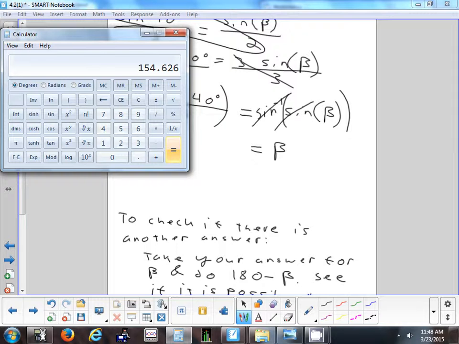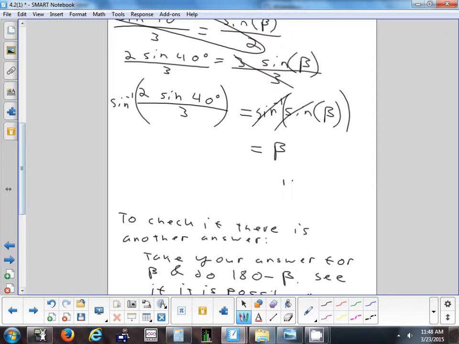If there's a second answer, that's what it would be. Okay, I haven't figured out yet if that's actually going to work in this problem. But if there's a second answer, that's what it has to be. 154.626. So let's just write that off to the side.